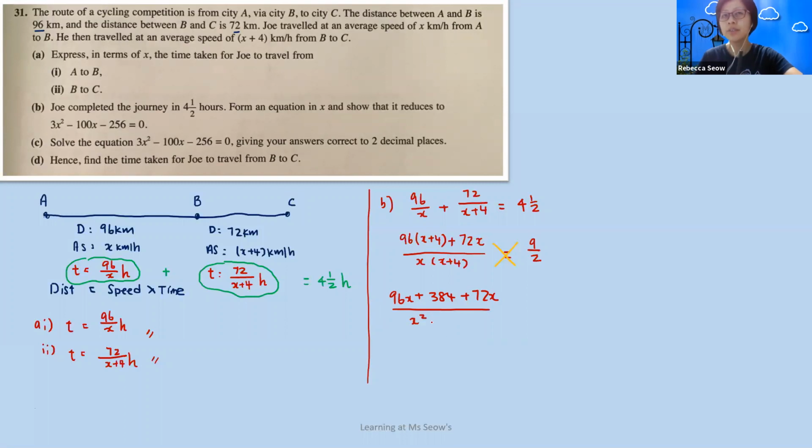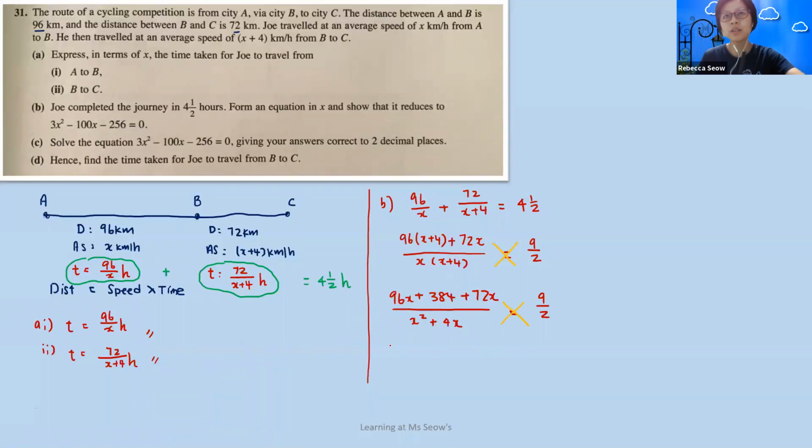So here you do have the x squared. So we do see a quadratic coming up. Plus 4x equals to 9 over 2. Okay. And at this point, of course, we could do a cross multiplication.